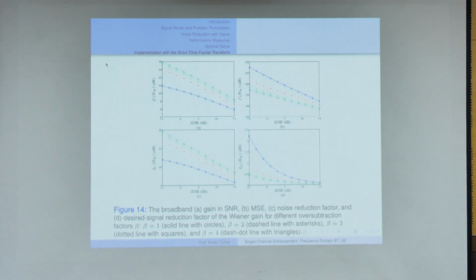We suppress the noise in the low SNR components, which means that we come closer and closer. The more components we remove, we keep only the high SNR components, until maybe we keep only the last component with the highest SNR. And then it becomes like the maximum SNR filter. That's why, when we suppress more noise, the output SNR increases.